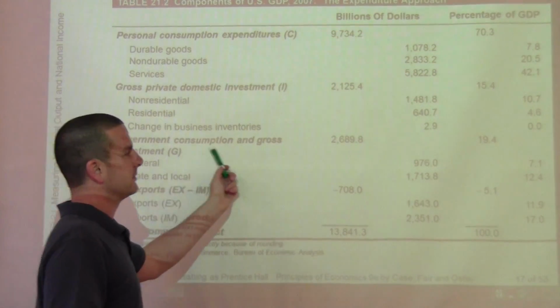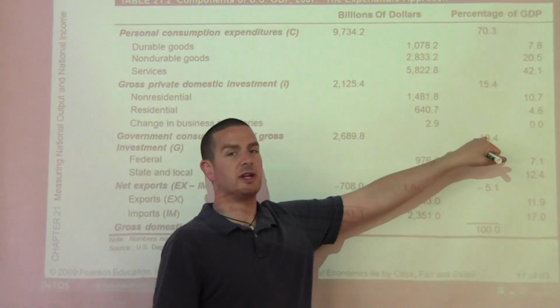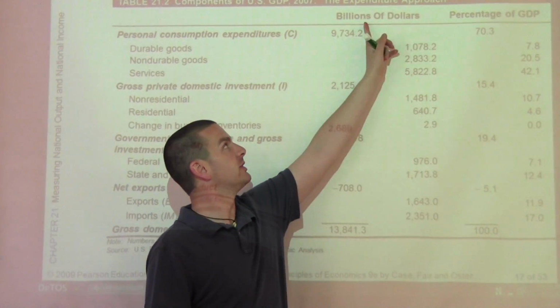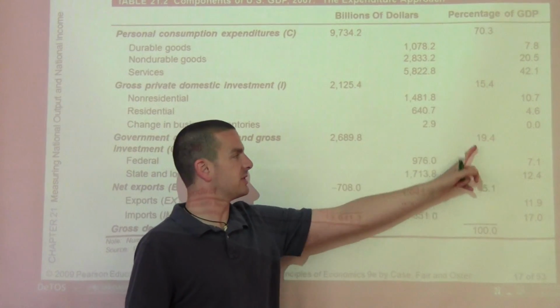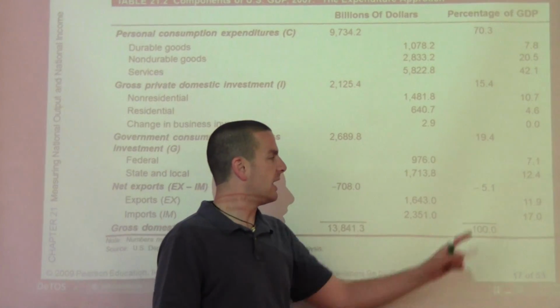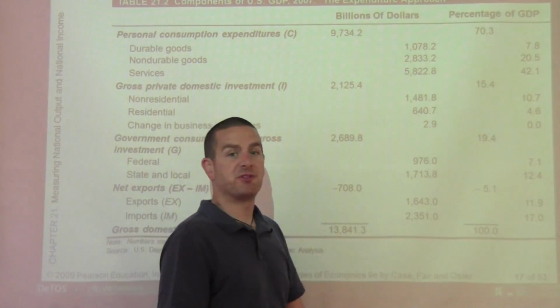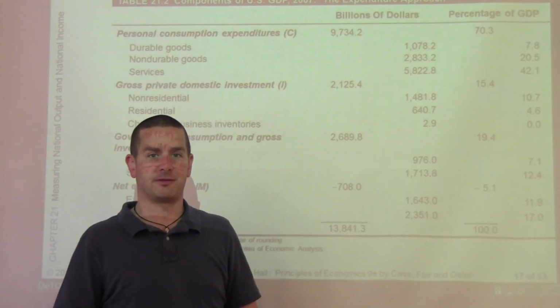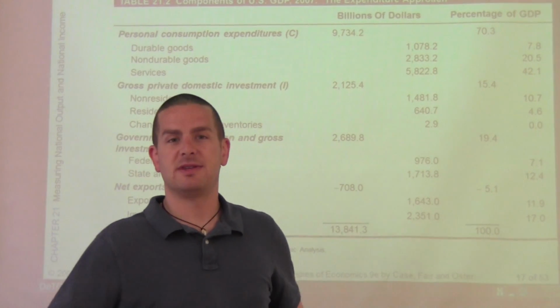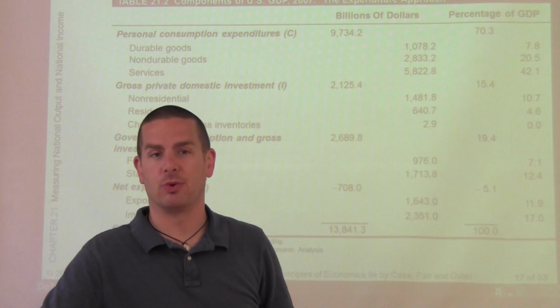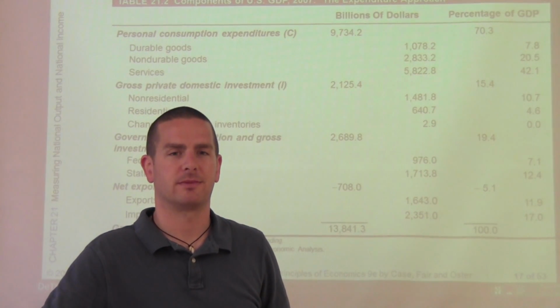Government spending was about 20% of the economy in 2007. And net exports was negative 5%. What does that mean?